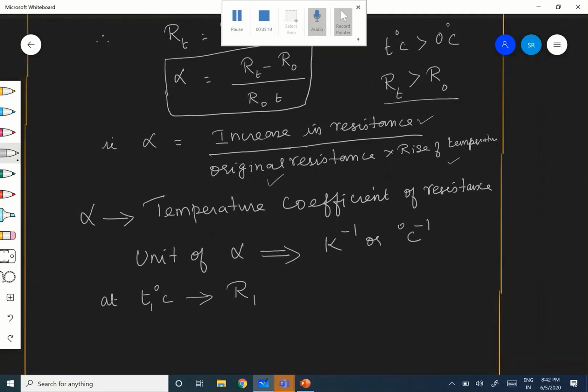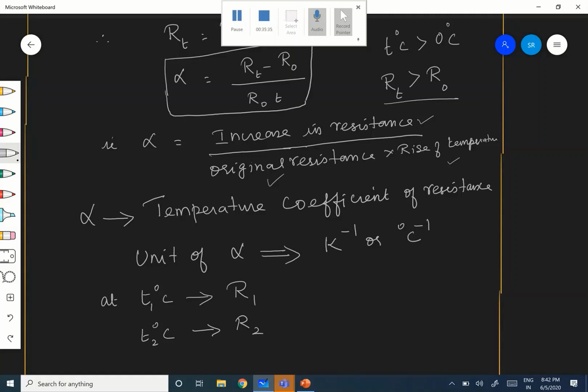Now we are dealing with conductors only so far. And at T2 degree Celsius, the resistance be R2. So T1 degree Celsius, resistance is R1. T2 degree Celsius, resistance is R2.